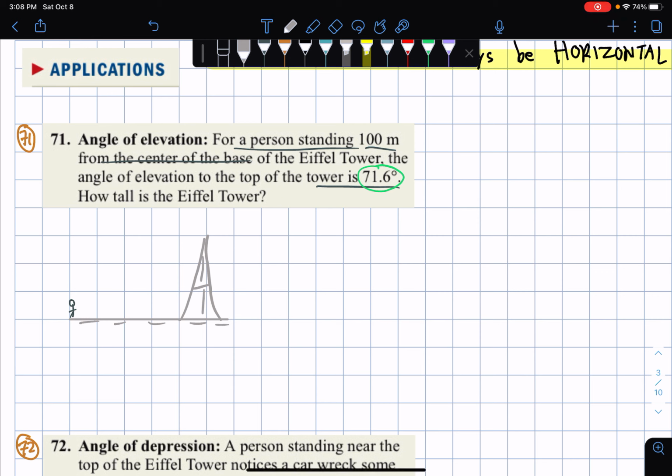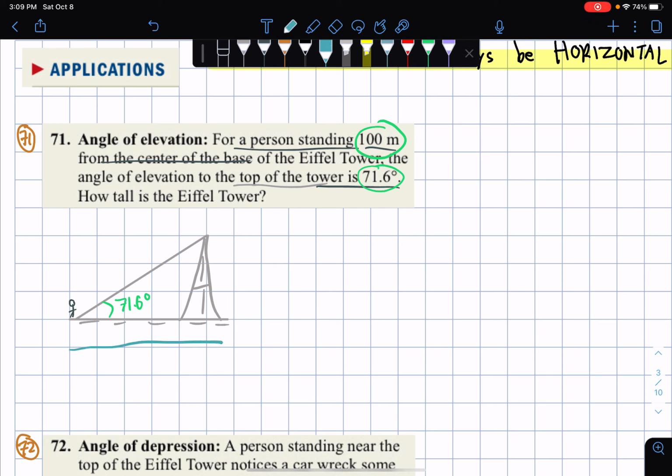And angle of elevation to the top of the tower is 71.6 degrees. So from the perspective of the person, to the top of the Eiffel Tower, the angle of elevation is 71.6 degrees. And we see here a value 100 meters, which would appear to be the distance of the person from the base of the Eiffel Tower.